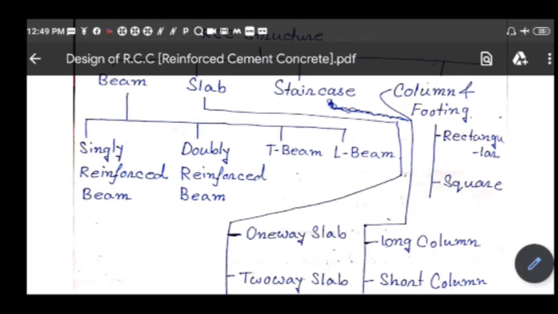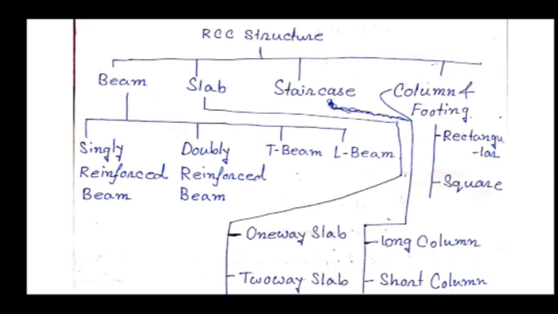The subdivisions of beams are singly reinforced beam, doubly reinforced beam, T-beam, L-beam. Now there are two subdivisions of slab: one-way slab, two-way slab. There are mainly two subdivisions of column: long column, short column. It depends upon size. There are two divisions of footing: rectangular footing and square footing.